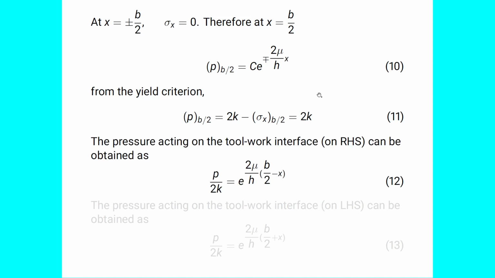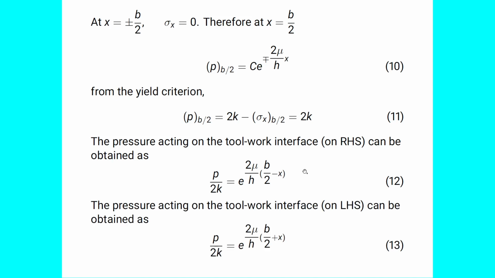The pressure acting on the tool workpiece interface on the right hand side can be obtained as p upon 2k equal to e raised to the power twice mu upon h into b by 2 minus x. This is the case of the right hand side.